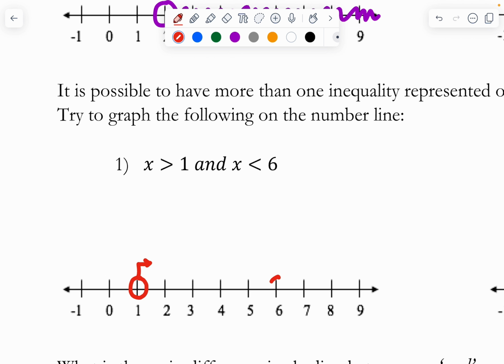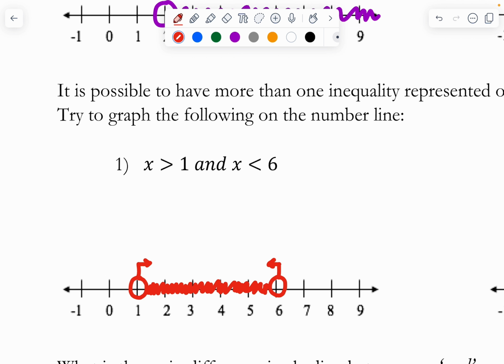And then I also want numbers that are less than 6. So my and is my intersection. How are they connected? I want numbers that are bigger than 1 and less than 6. So that's not going to cover the entire number line or go toward any of those infinities. Those are going to be these numbers here.